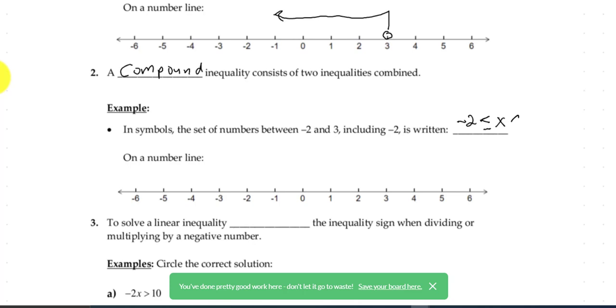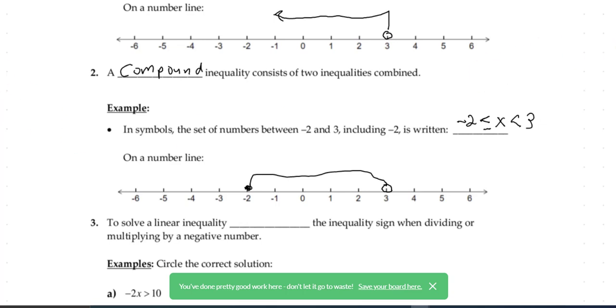We'll put the x here and the 3 on this side, right? So the set of numbers between -2 and 3, including -2, is written this way. And because they write the word including -2, I put the line under this symbol, but not this symbol. If it said including -2 and including 3, I'd put a line underneath this symbol. And to draw it, well, we have a closed dot at -2 because of this line. And at 3, it's an open dot. And then I would just kind of connect these two. Your book might draw a heavy line across. I feel like it's just easier to kind of draw a line like this, just like we did up here. Okay.